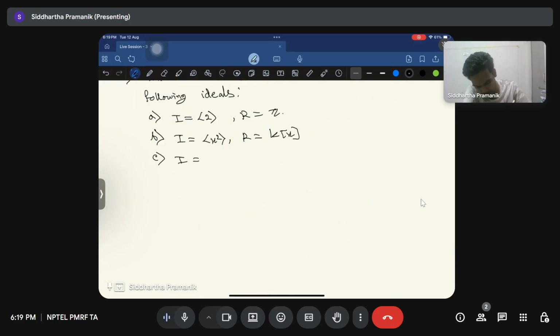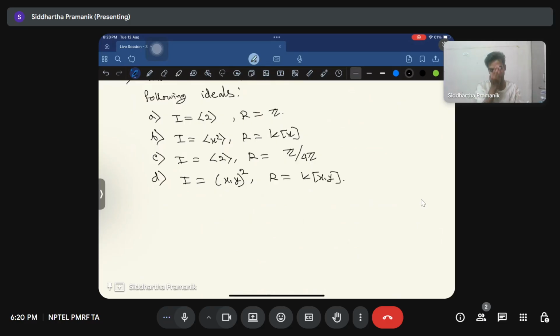C is the ideal generated by 2 in the ring Z mod 4Z, and D is when I is the ideal generated by x, y and the square of it, and your ring is k[x, y].